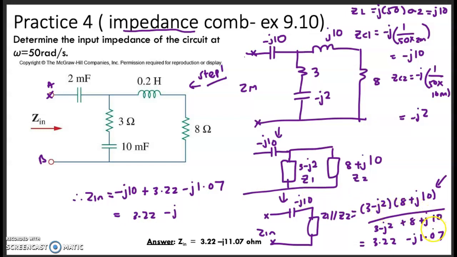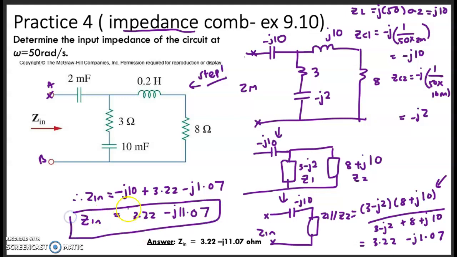Sorry, I missed some minus J. Yeah, correct. It becomes minus J11.07. So this is the equivalent impedance of the circuit. Leave your answer in the rectangular form and don't forget to put the unit, that is ohm.